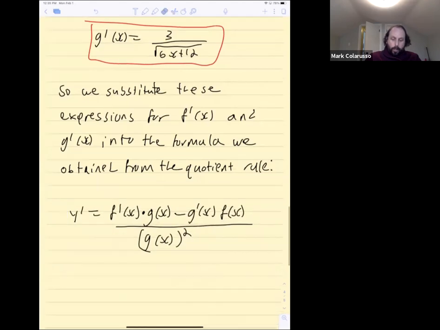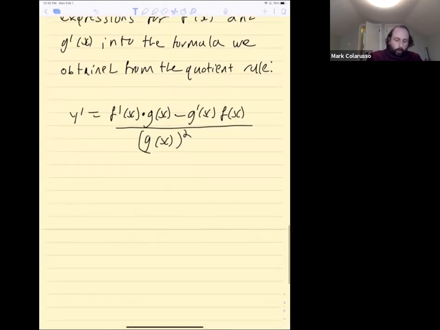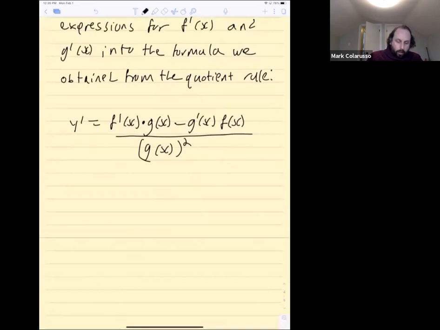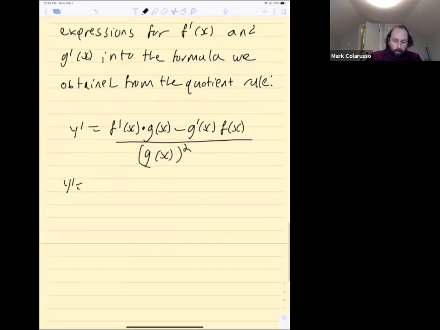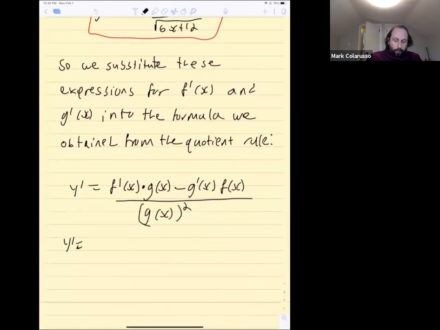Okay, so let's see. So y prime then, the derivative of f was 3x squared, g was the root of 6x plus 12, minus the derivative of g.